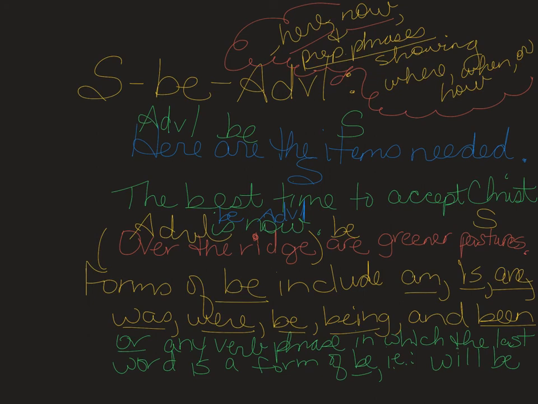And finally, just above that sentence, the best time to accept Christ is now. What is your verb? Is. That is a being verb. Who or what is? Time is. To accept Christ is an infinitive phrase describing time. Christ is not your subject. It's the object of the infinitive, to accept. So time is our subject.